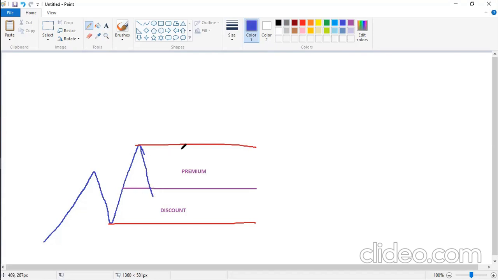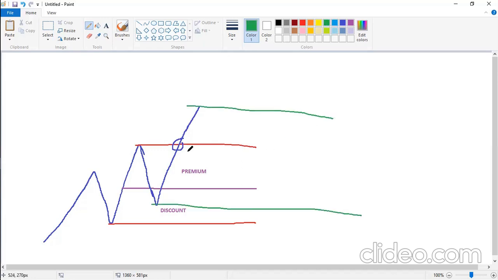Whenever you are buying, you need to mark your range and divide it in half, wait for price to come down to discount, and buy in discount. They are buying low, we also buy low. Whenever the market is going up, they are always buying in discount. When price goes up and breaks structure, this is a BMS, and you have a new higher high, and this is the old higher low.